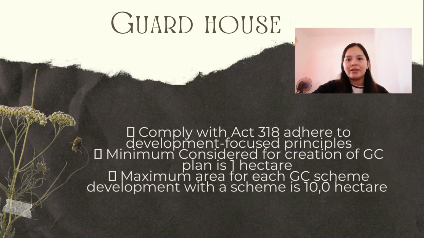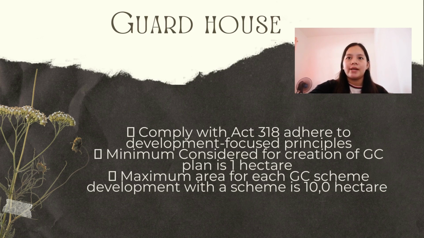So next is guard house, plan for gated communities that comply with H318 adhere to development focus principle. So according to the standard, the minimum area to be considered for the creation of a GC plan is 1 hectare. So the maximum area for each GC scheme development with a scheme of 10 hectare.